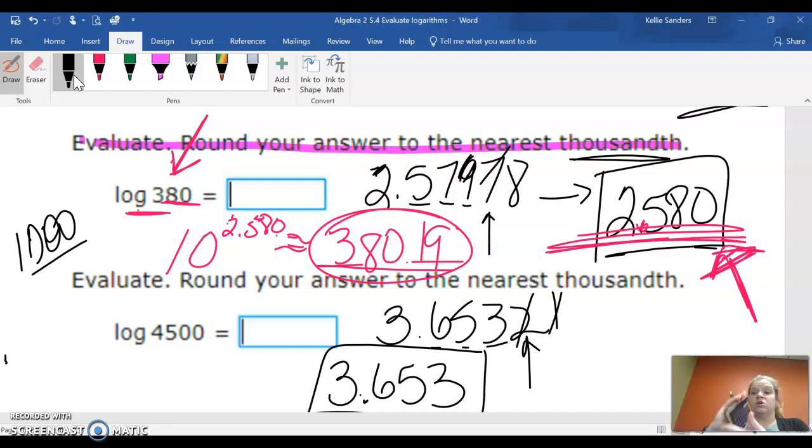For this one, you would put in your number first, so 4,500. Don't press anything until you do log. And the log button is right next to your 4 button. So then you press log. Don't press equals or anything like that, and then you would get what you're supposed to get.